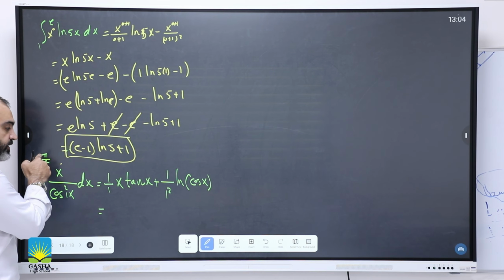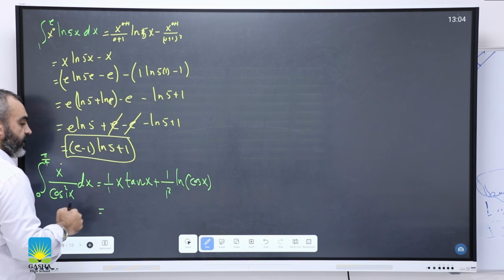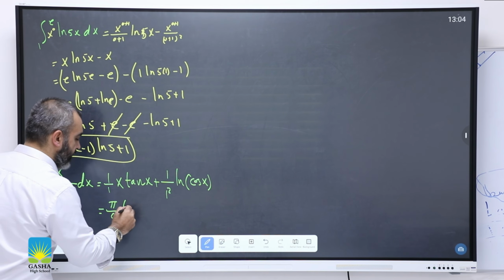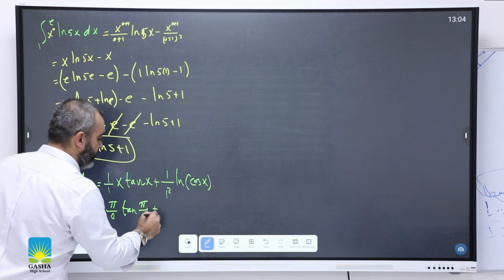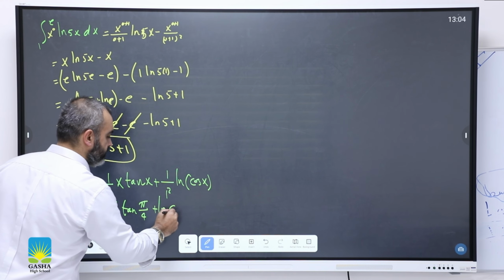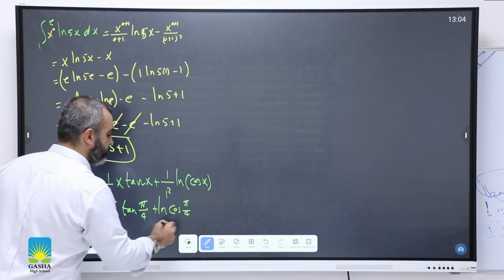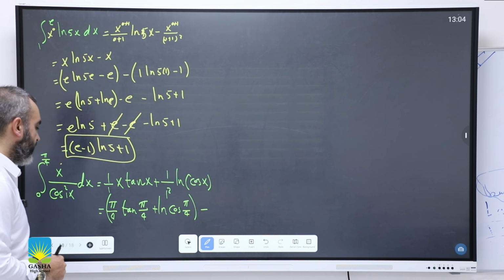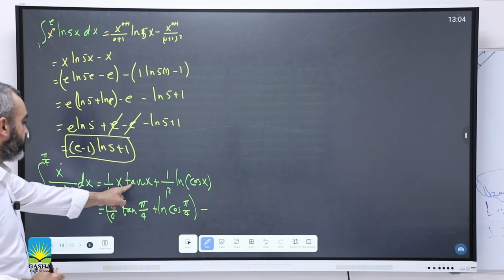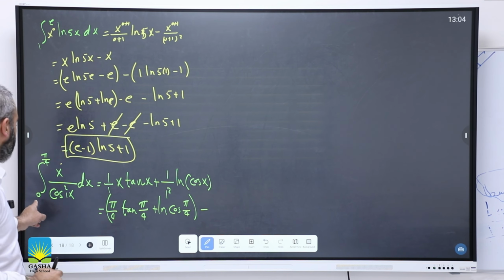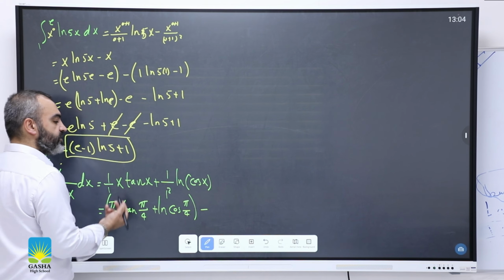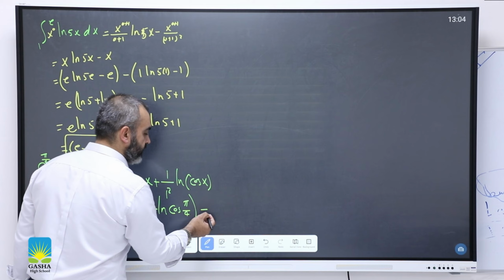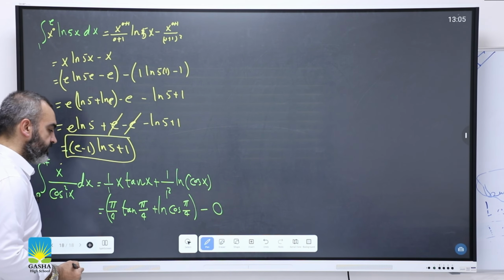So 1 over 1 becomes 1. We replace pi over 4 in all x: pi over 4 tan pi over 4 plus ln cosine pi over 4, all of them minus 0. We replace the x with 0 because 0 times tan 0 becomes 0. Cosine 0 is 1, ln 1 is 0, so it is minus 0.